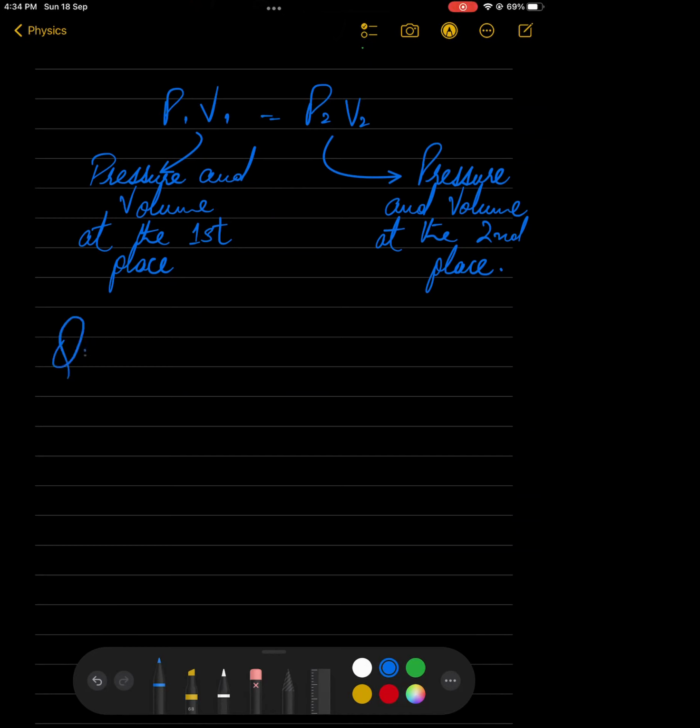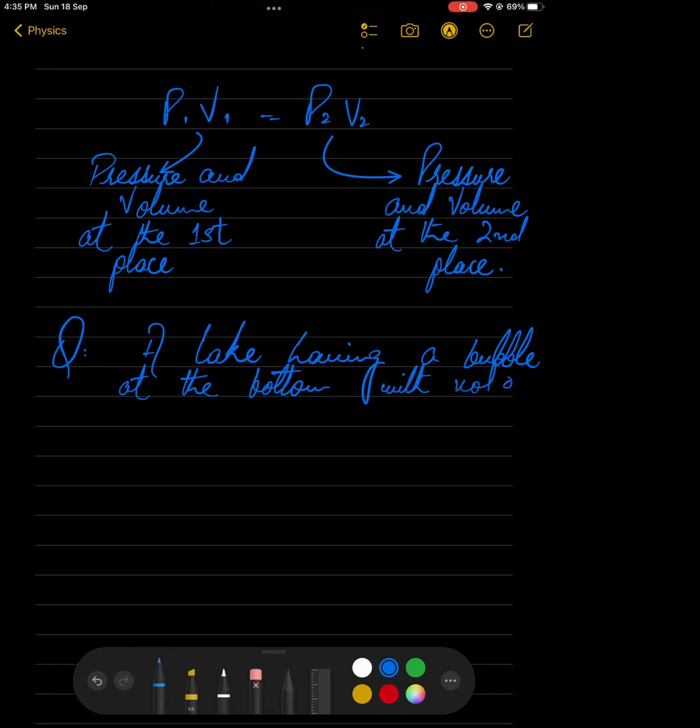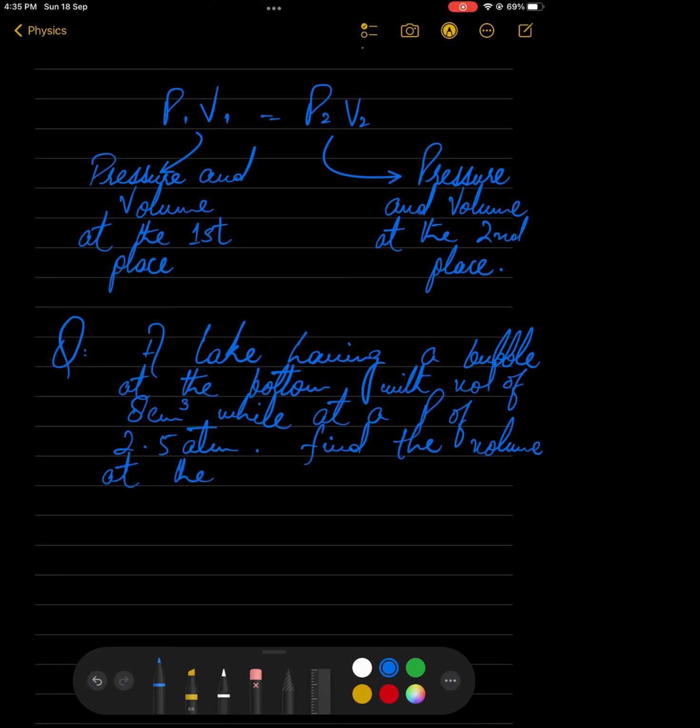So let's say if I have a lake having a bubble at the bottom, with a volume of 8 cm cube, while at a pressure of 2.5 atmospheres. Find the volume at the top of the lake.